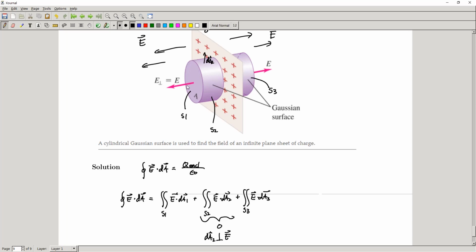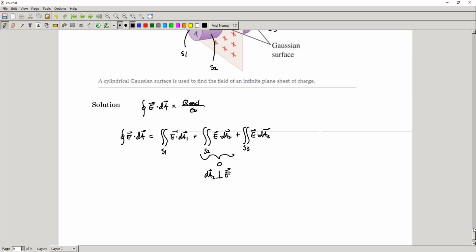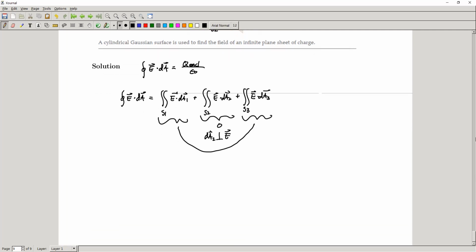So we're going to end up with the same magnitude and the same direction for our electric field at everywhere on that point, and obviously our area vectors are going to be the same also, because this thing is a cylinder and it has the same sort of circular caps on each side, right? So we can just combine this and this. So we just combine these, and we just end up with, let's say, twice the first one, right? So we're going to end up with the expression that I'm going to write down over here.